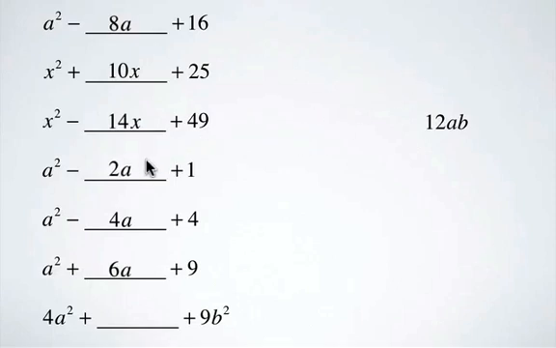Our 2a goes here. We take the square root of 1, which is 1, multiply it by 2, which is 2, and we add the square root of the first term to make 2a. Finally, 12ab goes here.